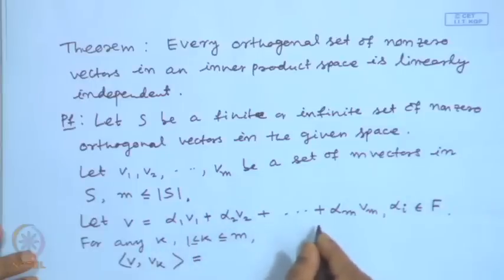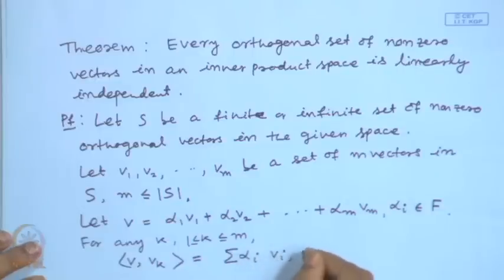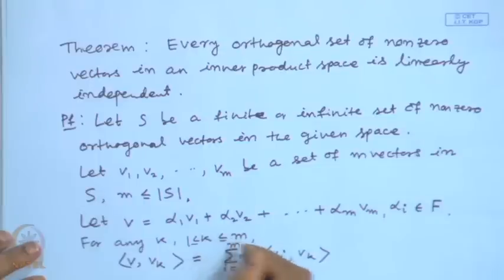From the property of the inner product, we can see that this is equal to the summation of alpha i times the inner product of vi with vk, i from 1 to m.